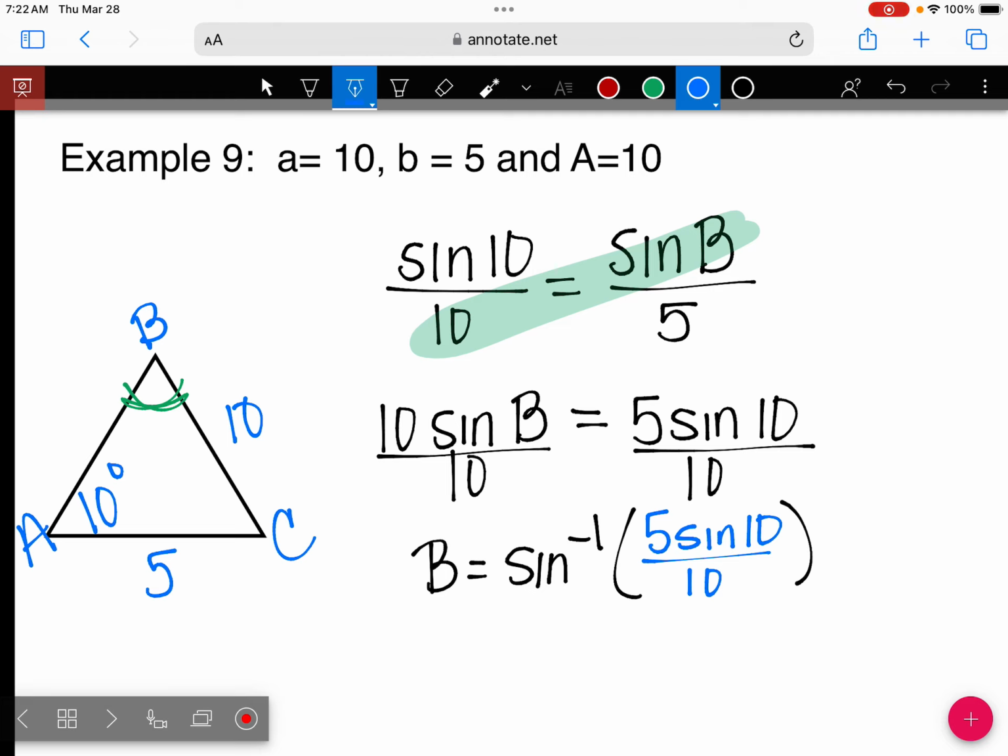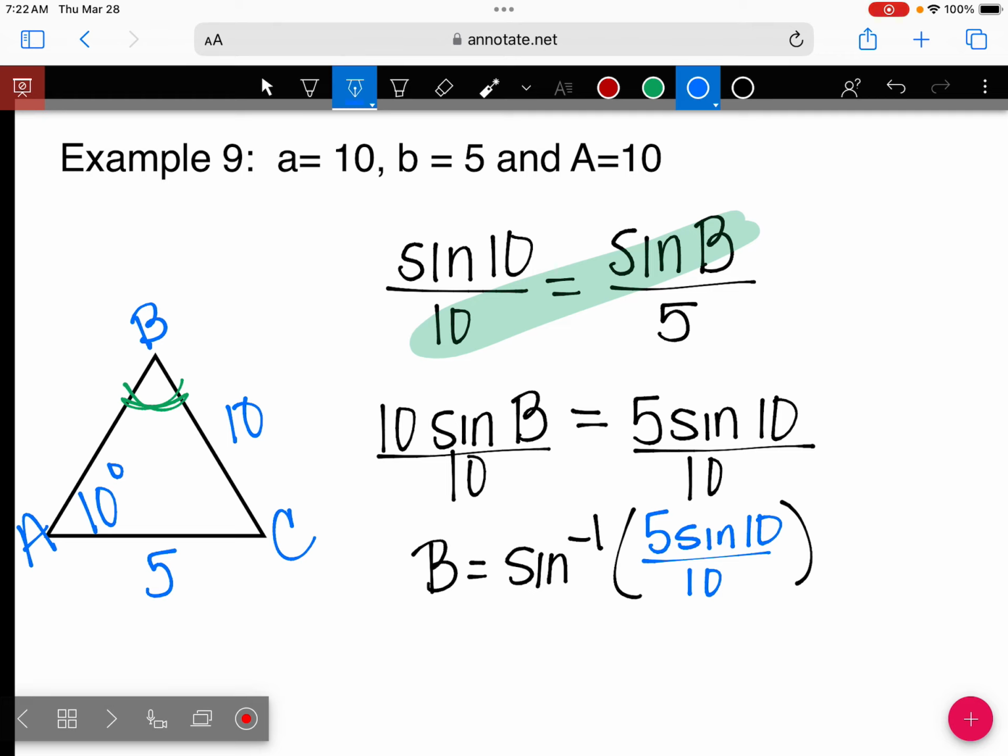So let me verify my numbers. Okay, so I got 4.98, which is essentially just 5. Who got a 5 degrees?